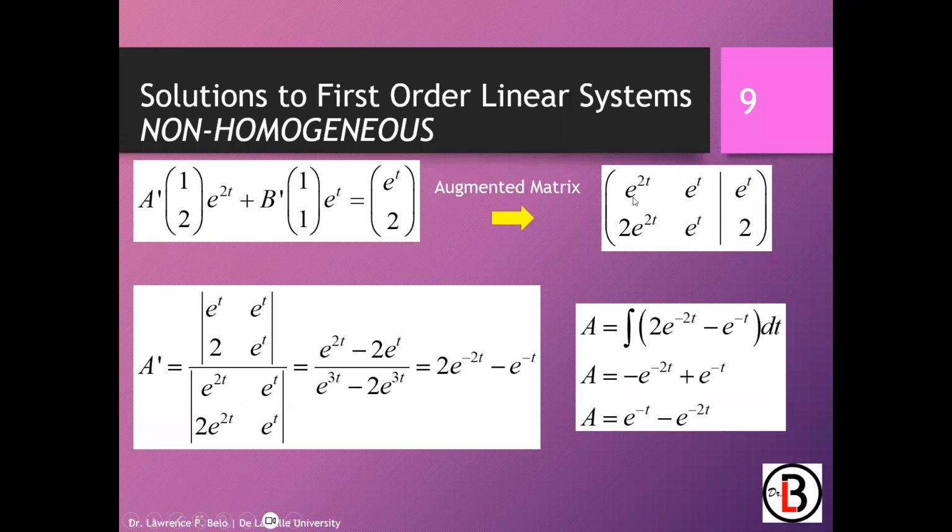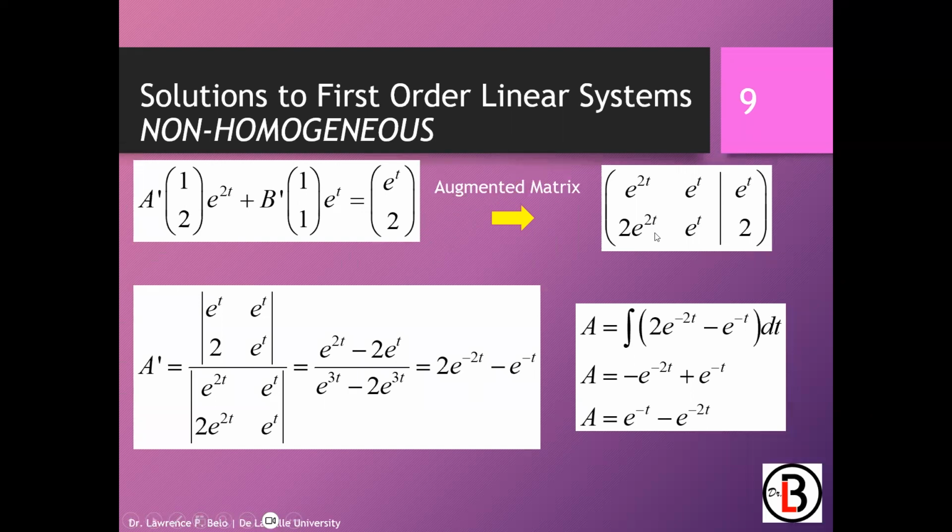Okay. So that means the coefficients are on the left, the constants are on the right side of the vertical bar. And then, do you remember that if you're solving for the a prime, isn't it that a prime is this? The e to the 2t and the 2 e to the 2t.